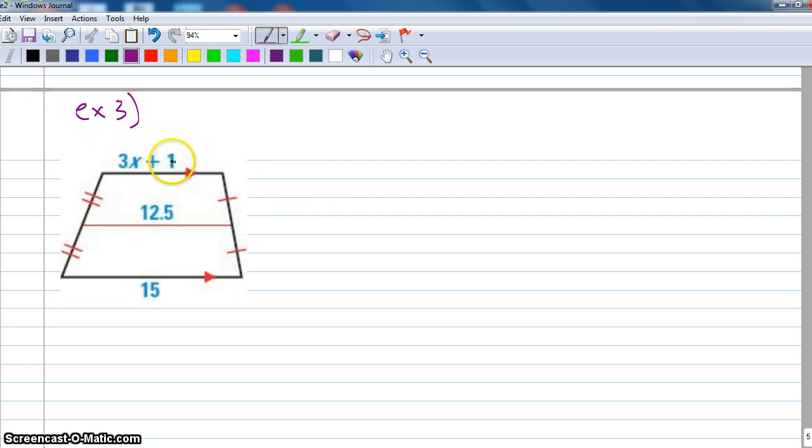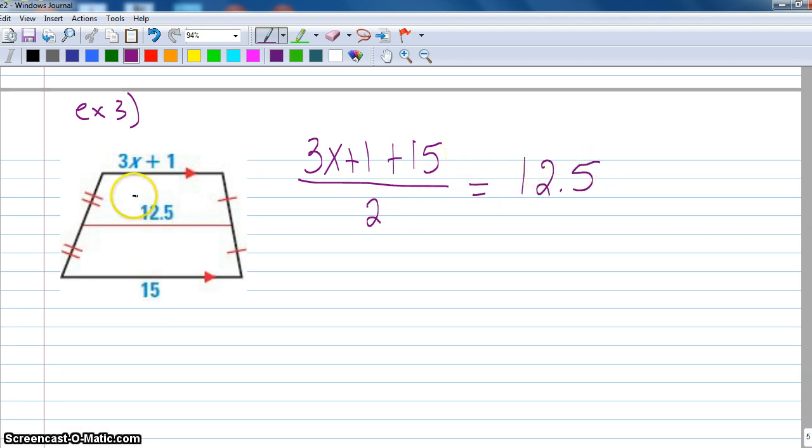The top one plus the bottom one, plus the bottom 15. You divide that by 2. So you add the top and the bottom, and that equals the middle, which in this case is 12.5. So you add the top, add the bottom, add them together, divide by 2, and you get the middle number.